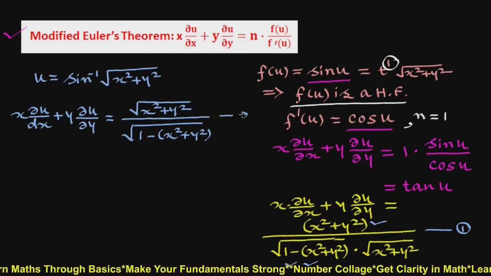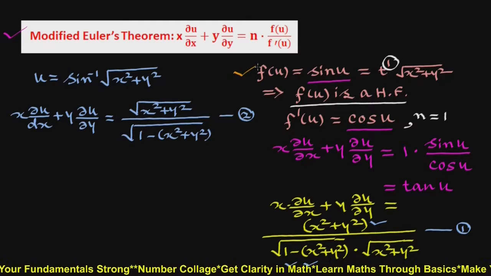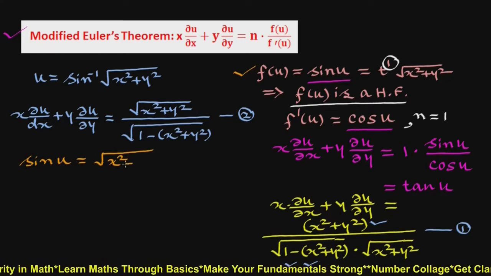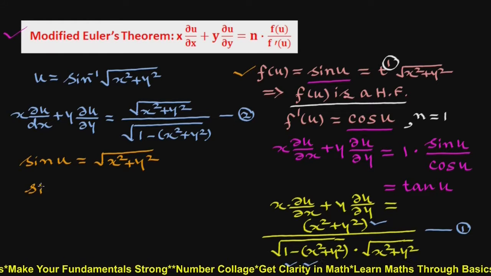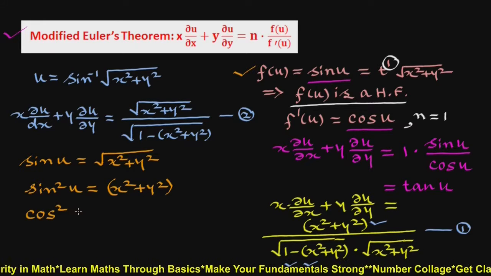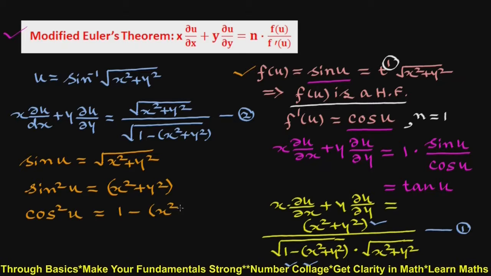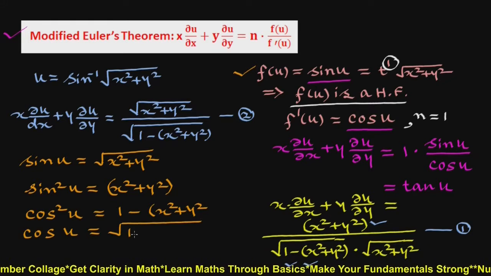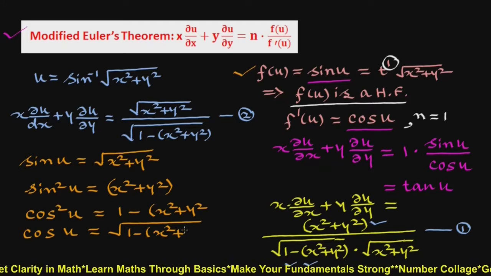We name this 2. Now from this, sin u is equal to the square root of x² + y². Sin² u will be x² + y². Cos² u will be 1 − (x² + y²) and cos u is the square root of 1 − (x² + y²).